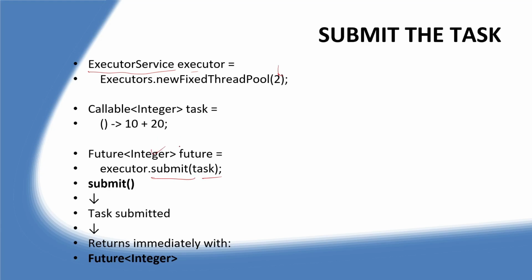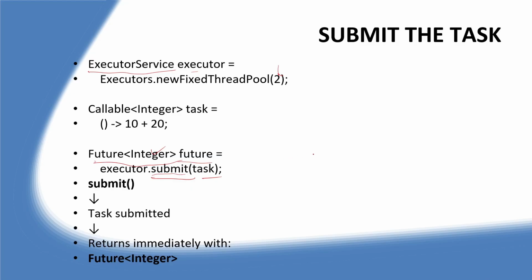Since we declared Integer as the generic, you might expect it to return the integer value, but instead it will return a Future of Integer. Why? Because the task may still be running. That means we will not get the result immediately after calling the submit method.